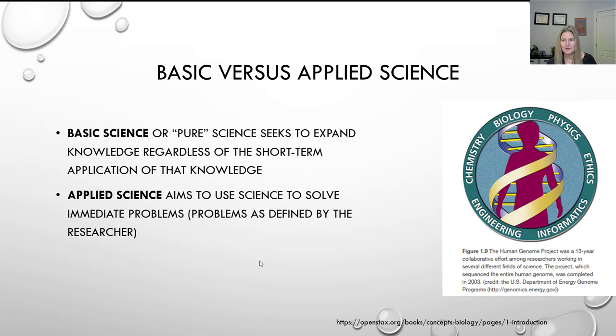In the project, we sequenced the entire human genome, and that was completed in 2003. So that's kind of both types of science applied there. We wanted to sequence the entire human genome just to understand humans more, so we can think of it as basic science.